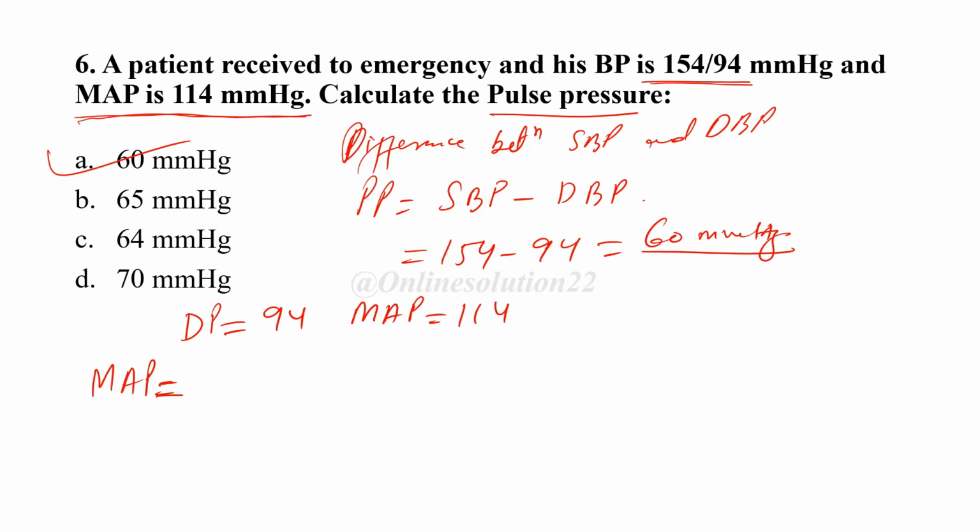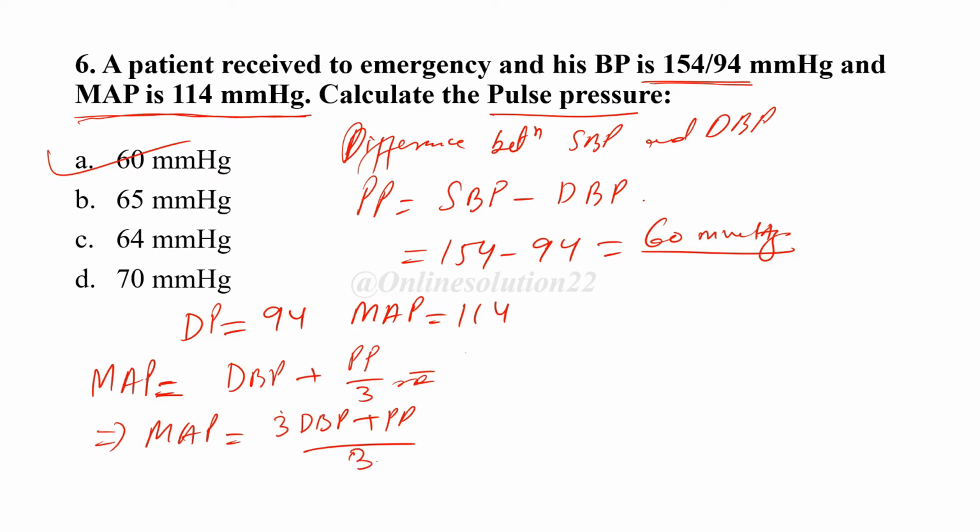One is twice diastolic BP plus systolic BP divided by 3, and the second one is diastolic BP plus pulse pressure divided by 3. We will also get it, or from here follows, MAP equal to thrice diastolic BP plus pulse pressure divided by 3. So if you have to calculate the pulse pressure using this formula, the MAP is 114 and the diastolic is 3 multiplied by 94 plus pulse pressure, which we have to find, divided by 3.